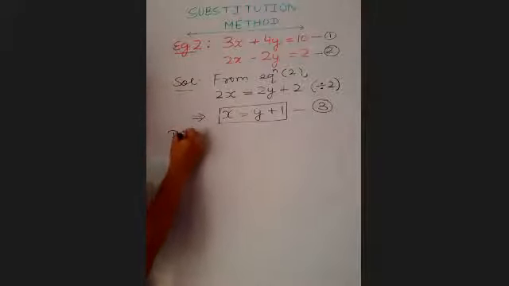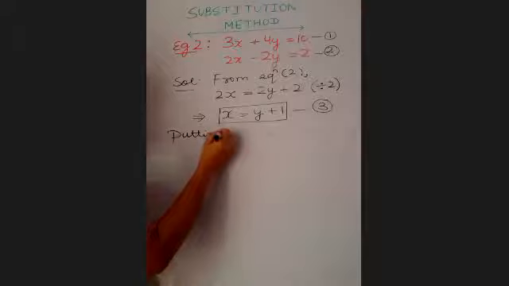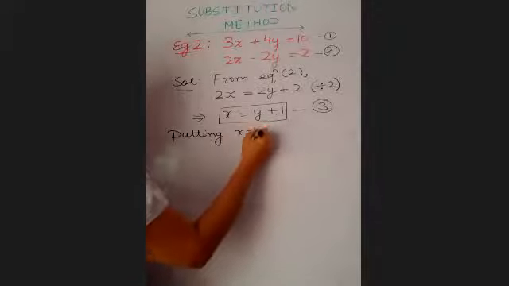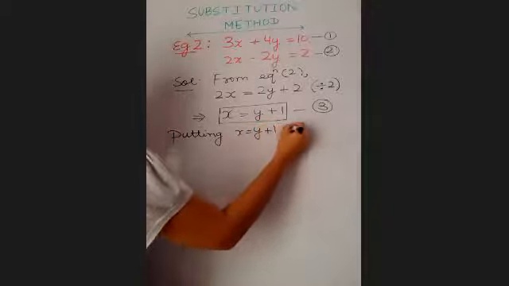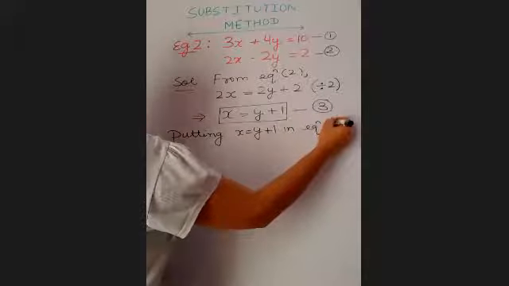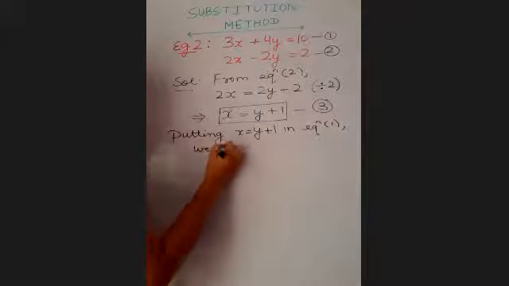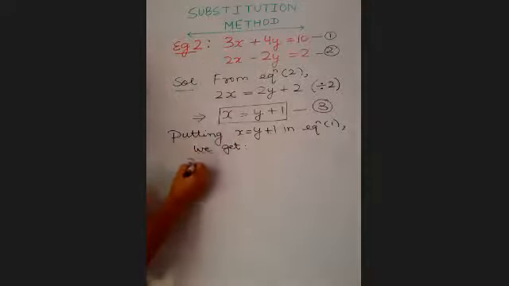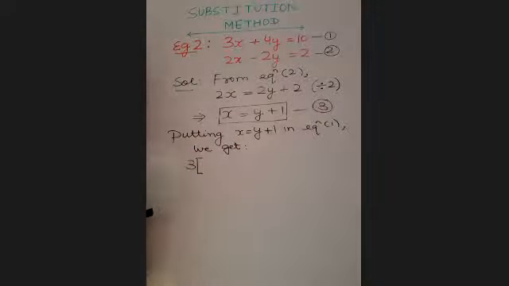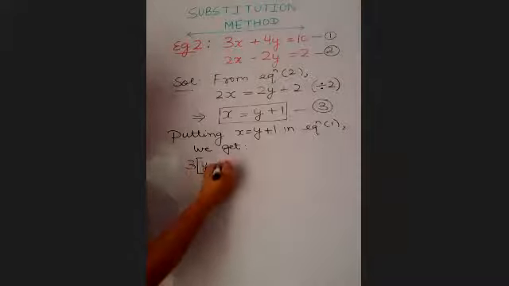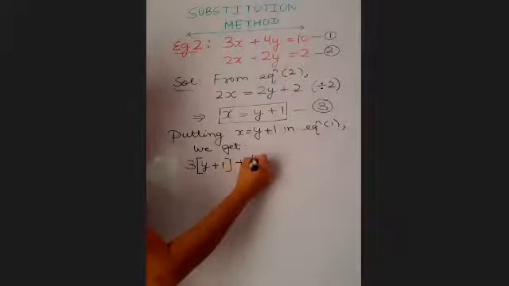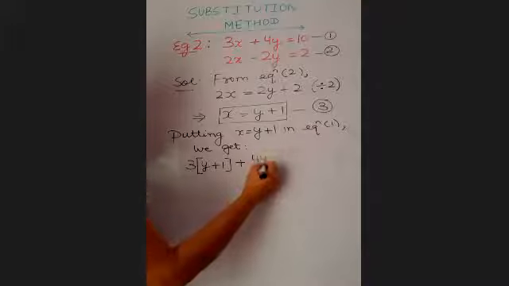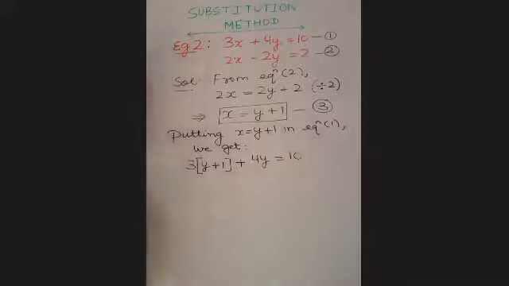Putting x equal to y plus 1 in equation 1, what do we get? 3 into y plus 1 plus 4y equal to 10.